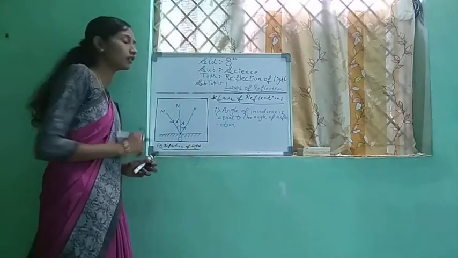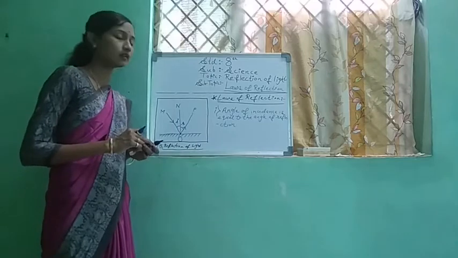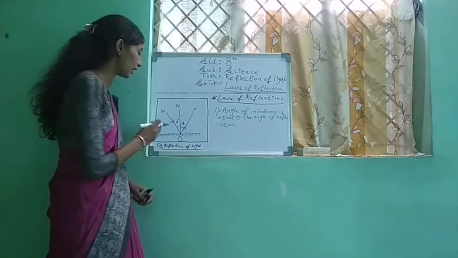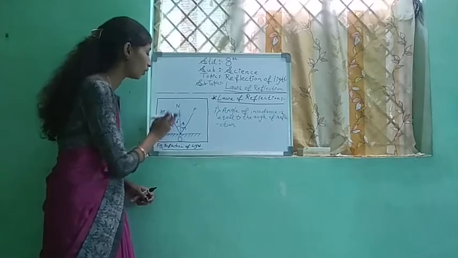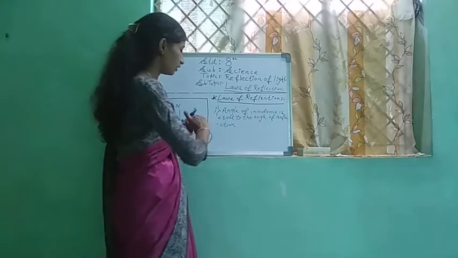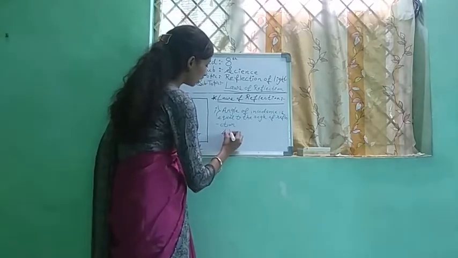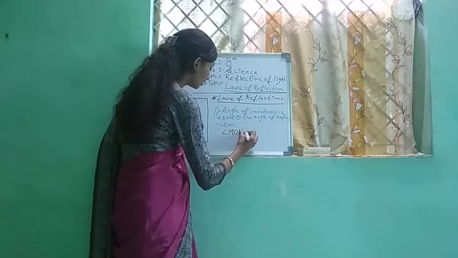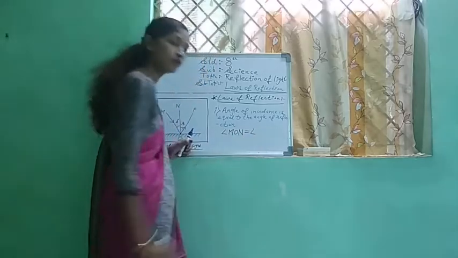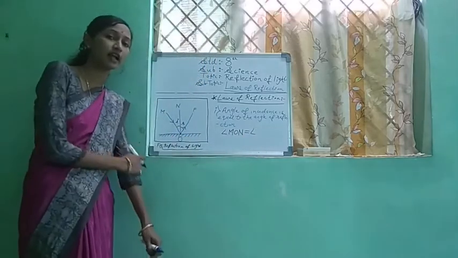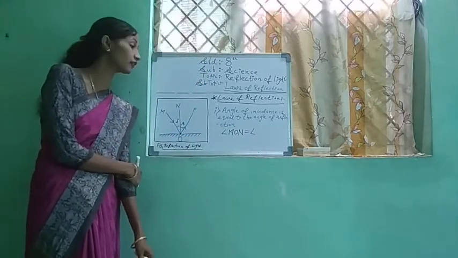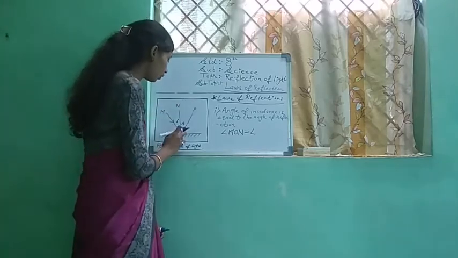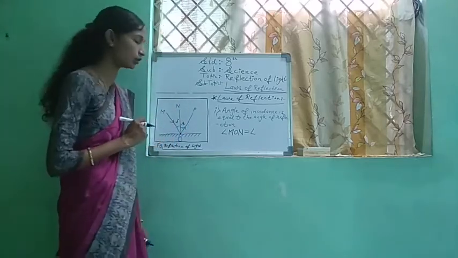Means in the figure what will you say? Which angles are there? Angle of incidence is angle MON. Means here angle MON will be equal to angle, which angle is it? The angle of reflection, angle PON. Okay.